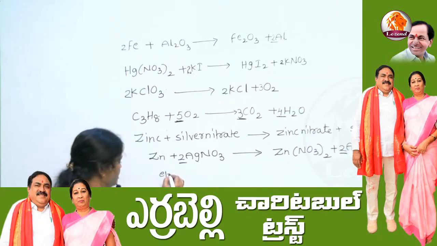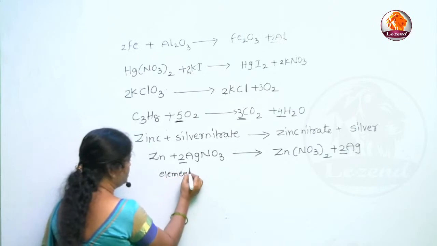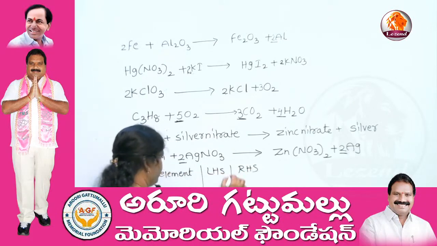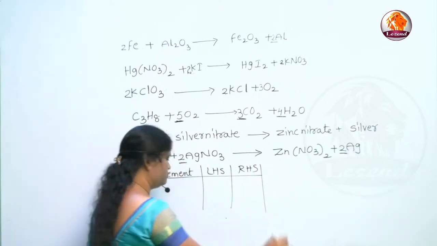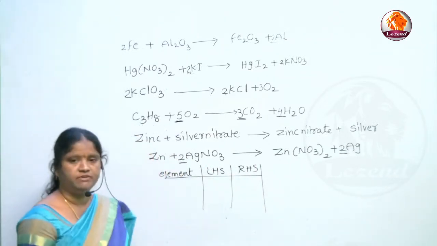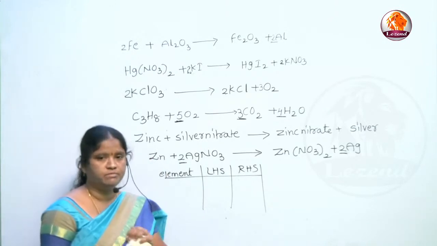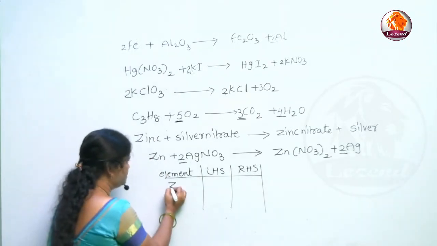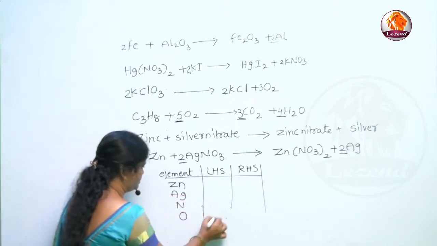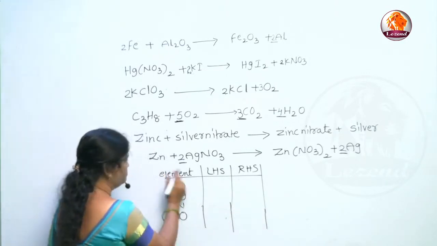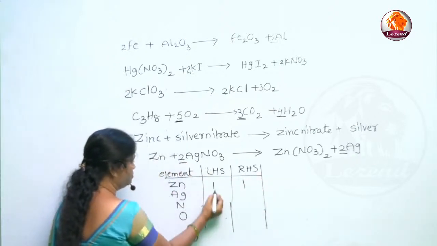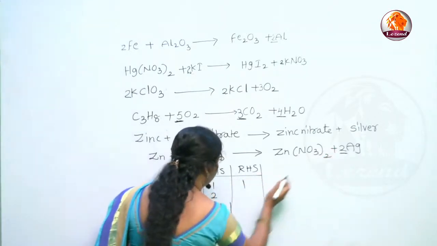So now what are the elements involved in the given chemical equation? Once we balance the chemical equation, at last we need to verify it in this way, and we can confirm our chemical equation is correct. Zinc, silver, nitrogen, oxygen. Look at here, zinc one atom we have, right side also one atom. Silver 2 atoms left side, right side also 2.